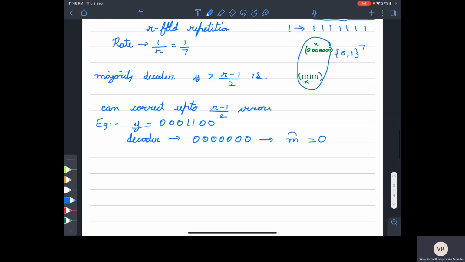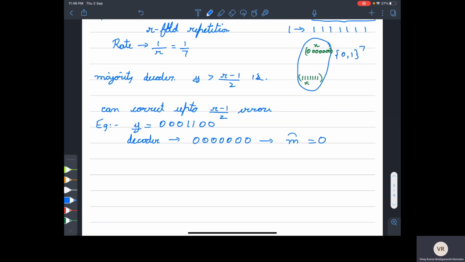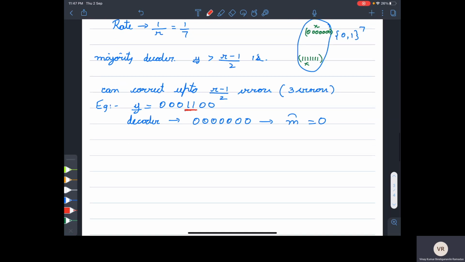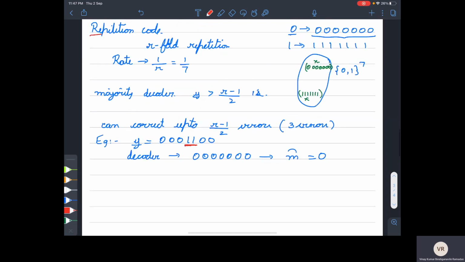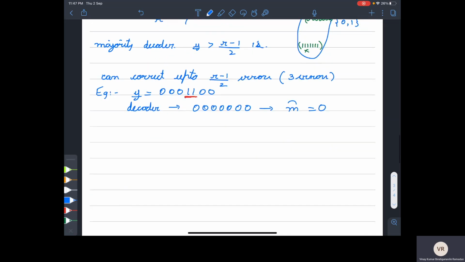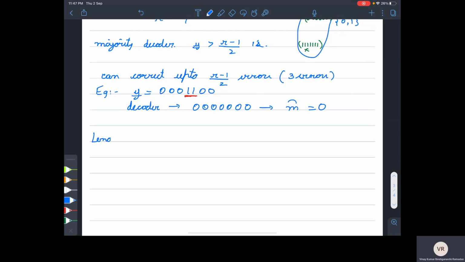In this particular scenario, r minus 1 by 2 is 3 errors. It can correct up to 3 errors. Here there are just 2 bits which are in error, and hence these can be corrected. So that was the repetition code. Let's look at another code to better understand this. This is a length 7 single parity check code.